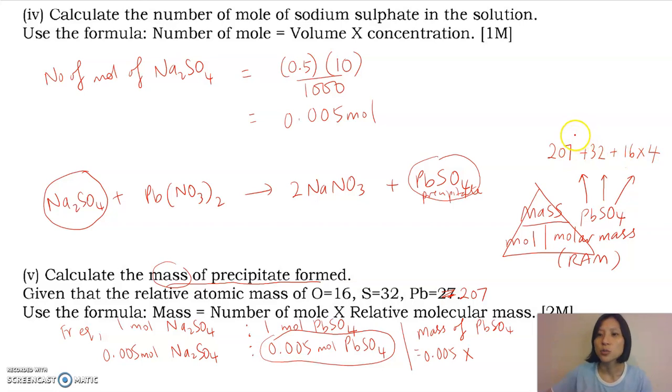We add up all this RAM, and this would be the molar mass. You should get 303. Then you times these two numbers together, 1.515 gram. And that is your answer. So that's the end of this question. Thank you for watching.